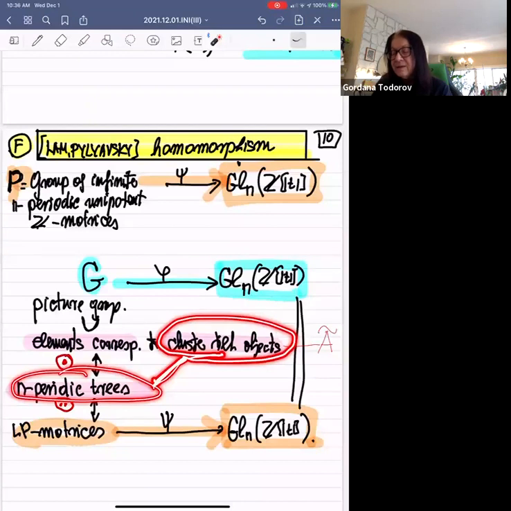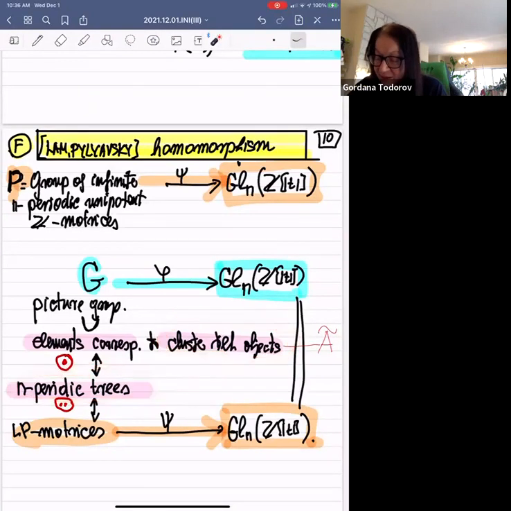I find the description technically too complicated, and I tend to forget the precise definitions because it is very combinatorial. But there is this correspondence, and the star here talks about it, described precisely. Then there's the other part, which to each n periodic tree associates an LP matrix, LP meaning Lamp-Pilievsky matrix.